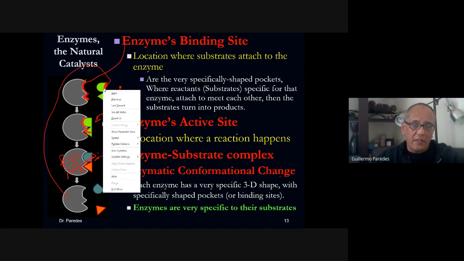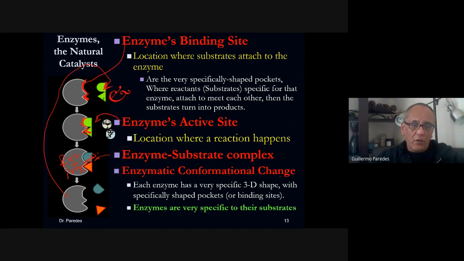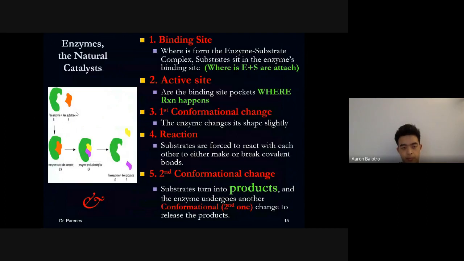In the exam, I am going to ask you what an enzyme binding site, enzyme active site, and enzyme substrate complex are, and that's it. Sometimes some enzymes are specific for some substrates. Is that clear? Yes, it's clear.